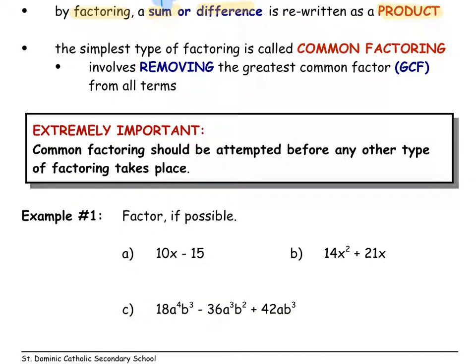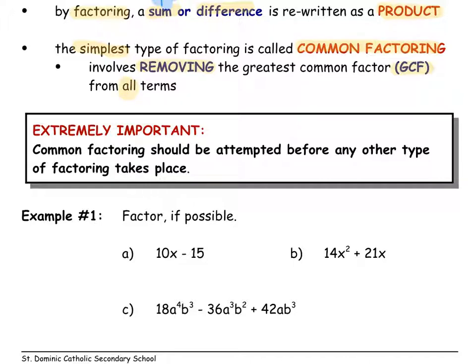So as I've already mentioned, common factoring is the simplest type of factoring, and it's the type of factoring that you're always going to want to do first. And it involves removing what we call the greatest common factor, which I've simplified to GCF, from all of your terms.